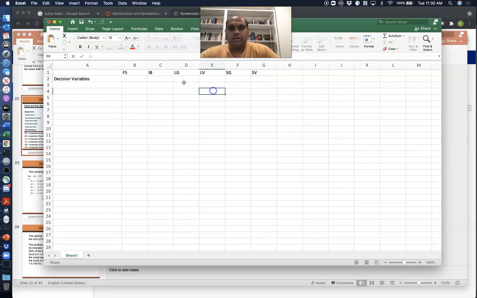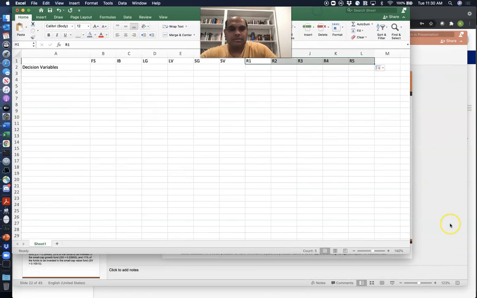These were the investment options that you had. And of course, we also have the decision variables R1, R2, R3, R4, R5 for the returns over the 5 years.